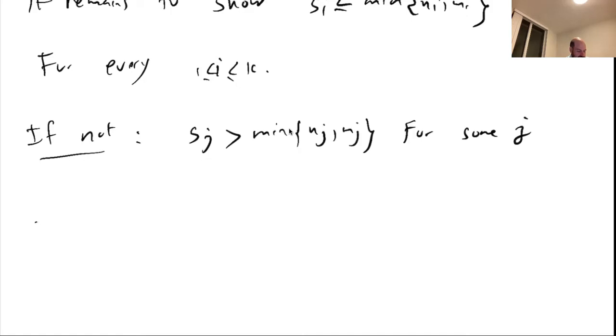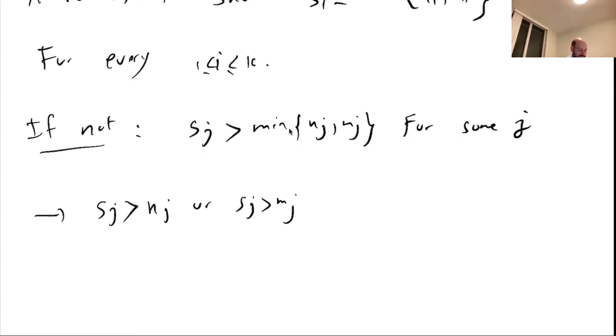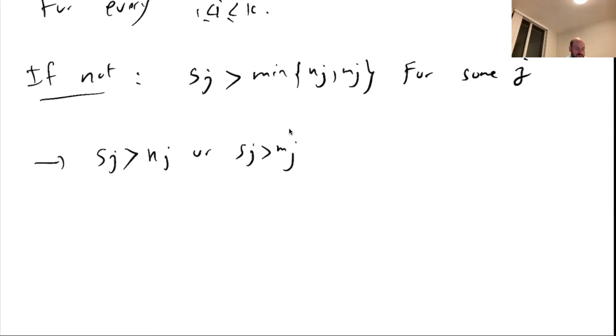So what does that mean? That means Sj is bigger than Nj or Sj bigger than Mj. If a number is bigger than the minimum of two numbers, it's bigger than at least one of them.